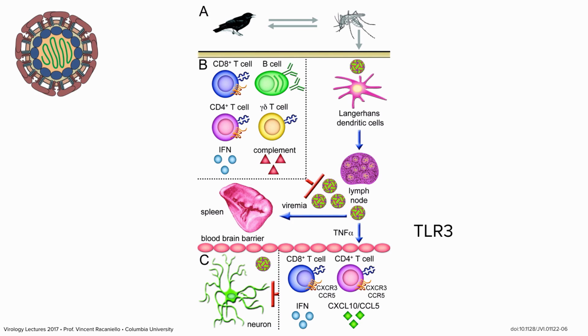The virus can also enter the brain in a fraction of individuals, as I just told you. And last time we talked about how TNF-alpha is produced when toll-like receptor 3 senses the presence of West Nile virus. That loosens up the blood-brain barrier and allows the virus to enter the brain. So below here is the brain. You can see a neuron there. And the target of the virus in the brain is the neuron.